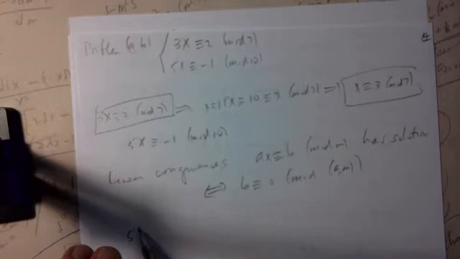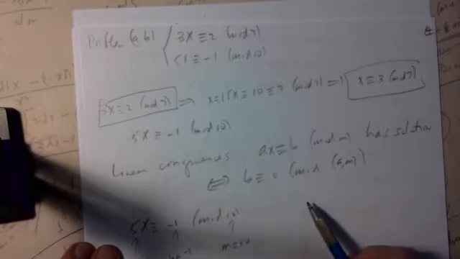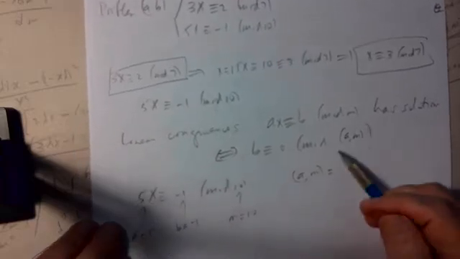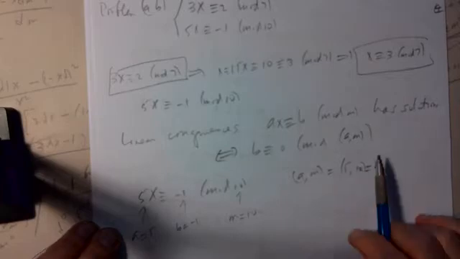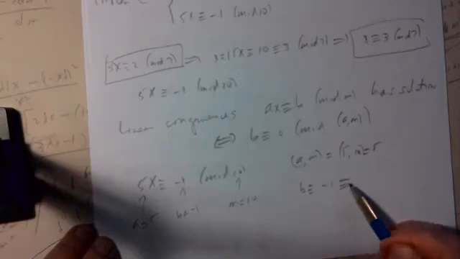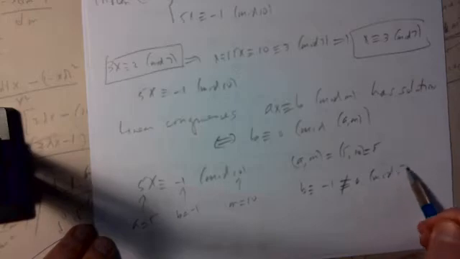So if you look at 5x congruent to minus 1 mod 10, a is equal to 5, b is equal to minus 1, m is equal to 10. The greatest common divisor of 5 and 10 is 5. And b, which is minus 1, is not congruent to 0 mod 5.